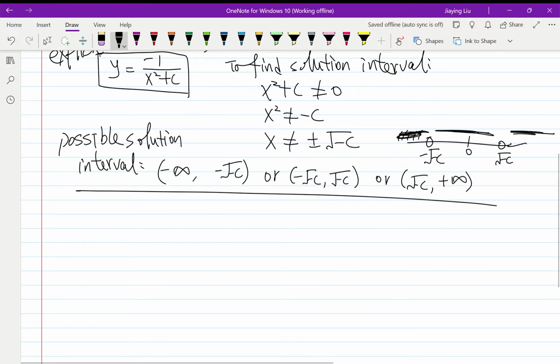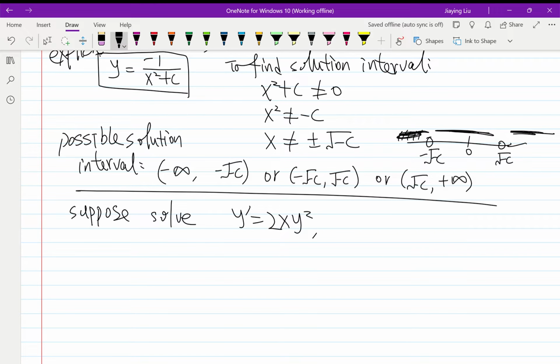Suppose we still have the same differential equation, y prime equals 2xy squared, and here we have an initial condition, which is y of 0 equals 1, and we want to solve the equation for y, and also find the solution interval.